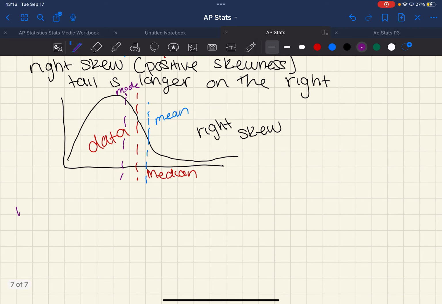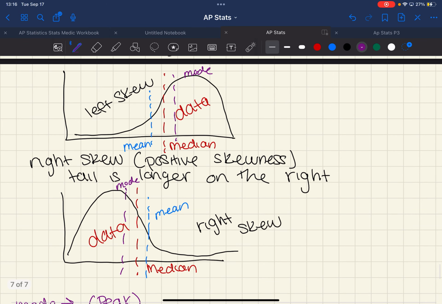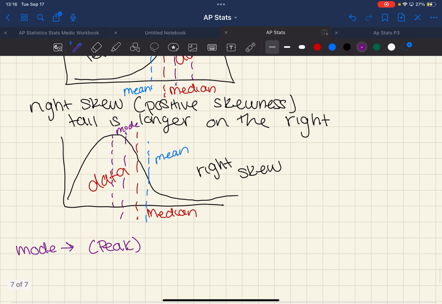So a mode, or in other words called a peak, and I should have drawn these modes a little better. So that's the peak. It's the very top of those distributions.